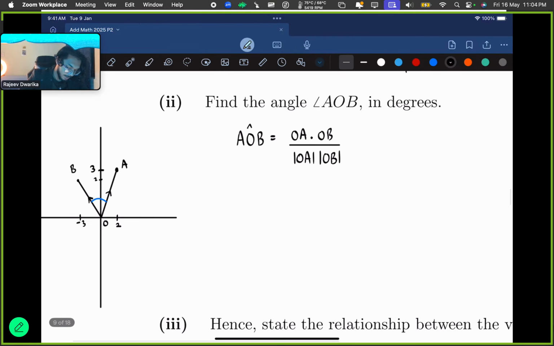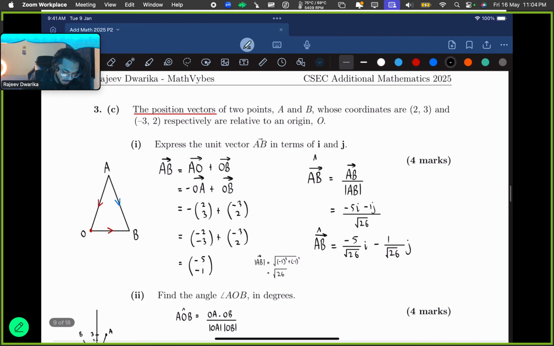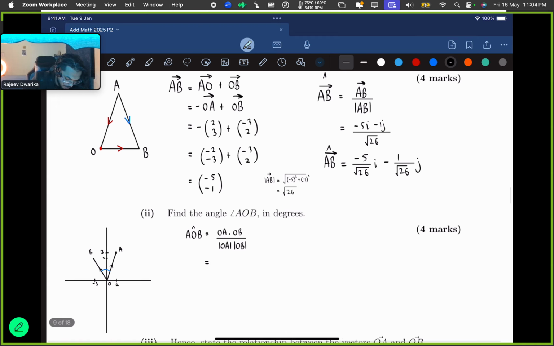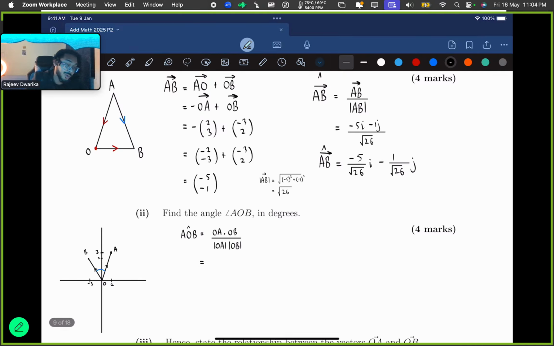Finding the dot product is quite simple. The dot product is just the horizontal components multiplied by each other plus the vertical components multiplied by each other. You see how we have 2, 3 and minus 3, 2? So we multiply.